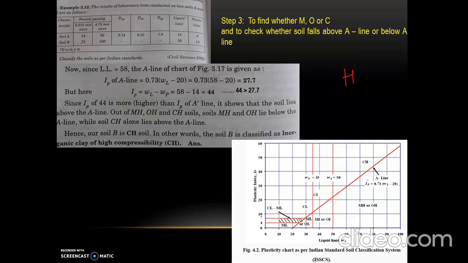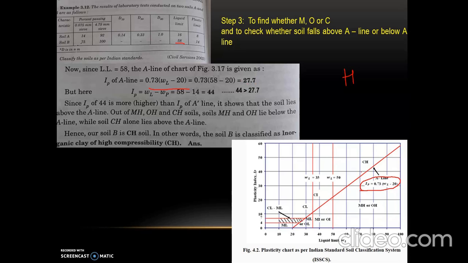IP for the A line can be found using this equation, that is IP equal to 0.73 into liquid limit minus 20. Liquid limit for the soil B is given as 58. So substitute 58 here and find the IP for the A line, which comes out to be 27.7.